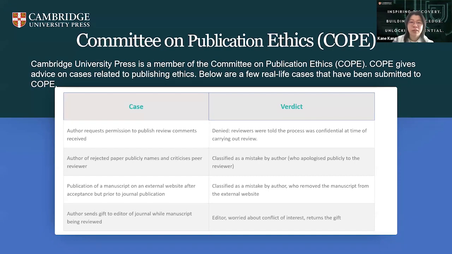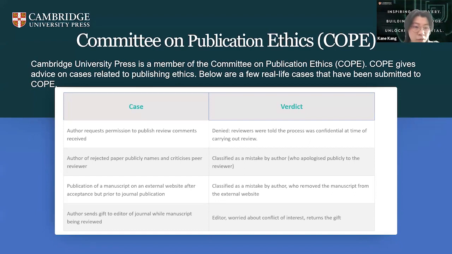That means peer reviewers' identity would be confidential to authors and to the public, so denied. If it's open, then the comments can be published with the article.